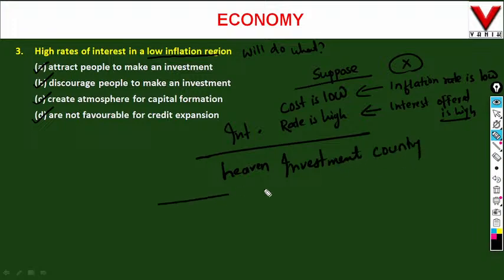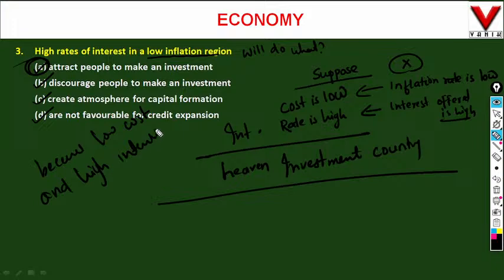Means what? If higher rates of interest are provided in a low inflation region, it will attract people to make more investment. Why? Because low cost and high interest means more return on capital.